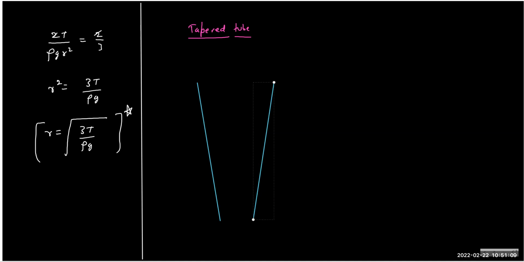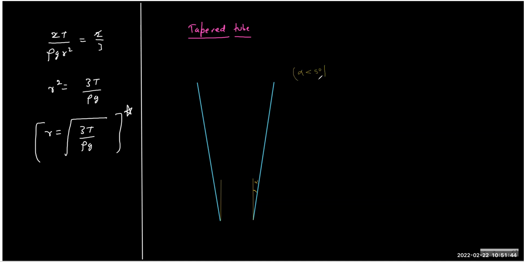Now this tapering angle, the angle at which we taper, is going to be very small. This angle is alpha, let's say, and alpha will be less than 5 degrees.